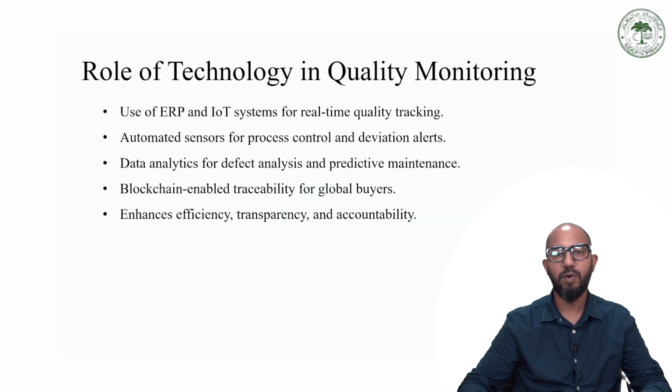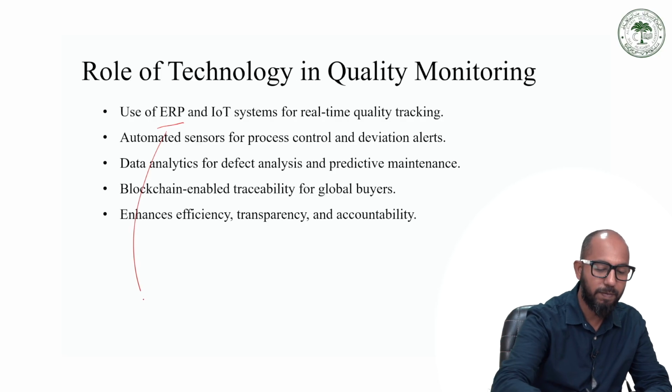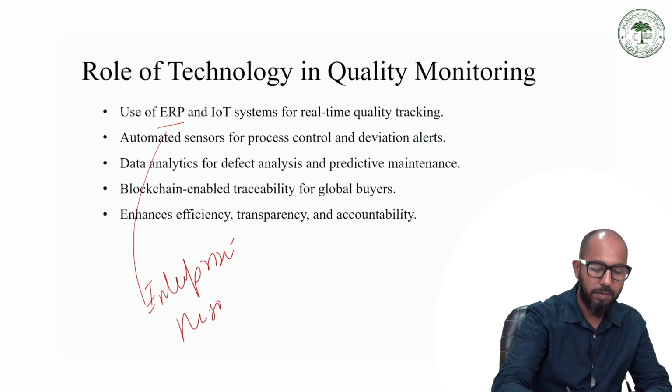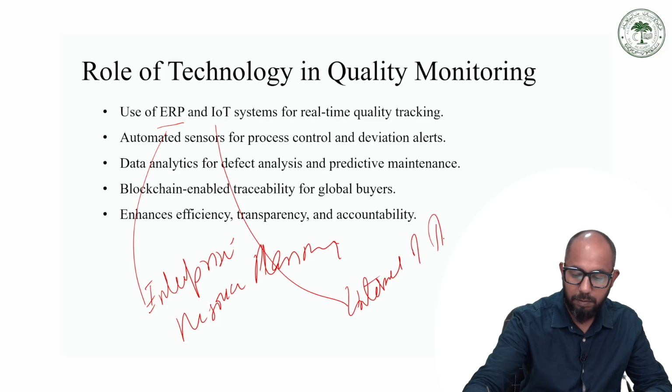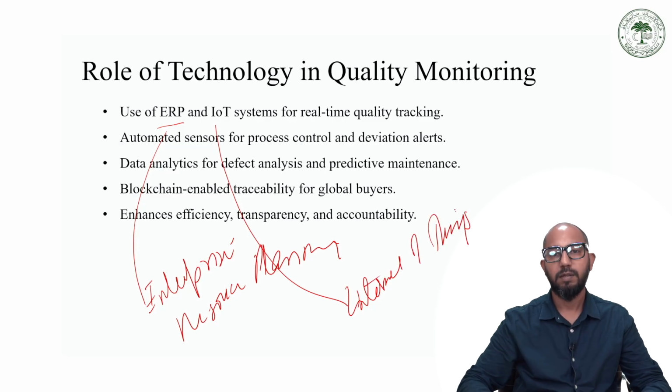Let us now try to understand the role of technology in quality monitoring. In the times of the digital economy, there has been an increasing use of technology in quality monitoring in international trade. ERP, that is Enterprise Resource Planning, as well as IoT, that is Internet of Things, are being used for real-time quality tracking.